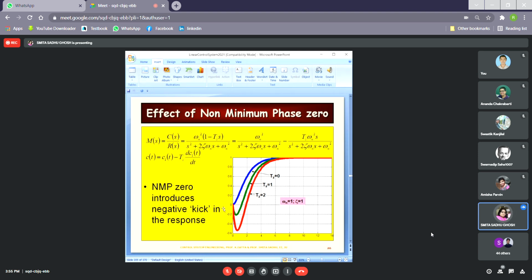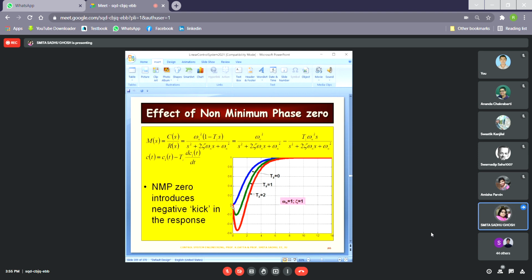So now if we do that plot for a typical set of values, say for a critically damped case, we are doing it just to visualize. So omega n equal to 1 and zeta equal to 1 as well for the critically damped case. For tz equal to 0, the blue plot, that is the critically damped case. Now if tz is equal to some other non-zero value, say equal to 1, then we will have the response as the second order response minus something.